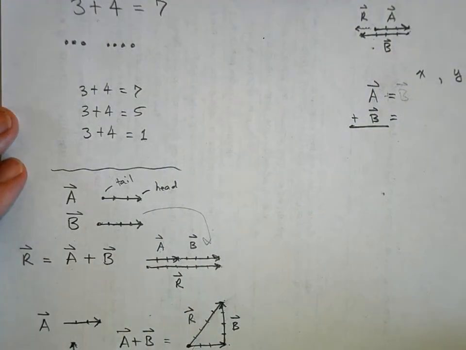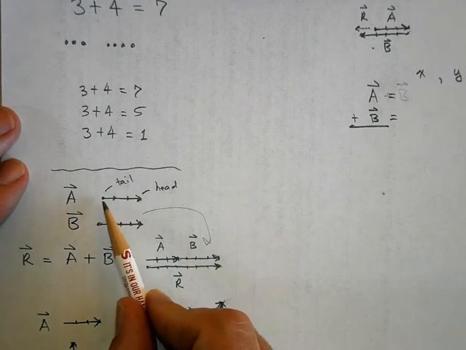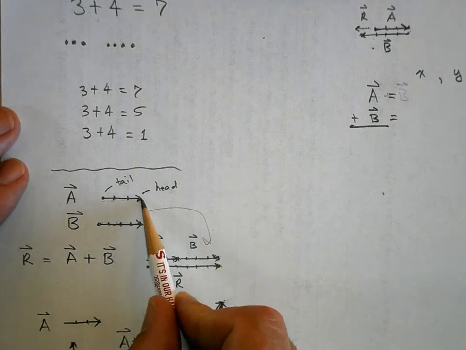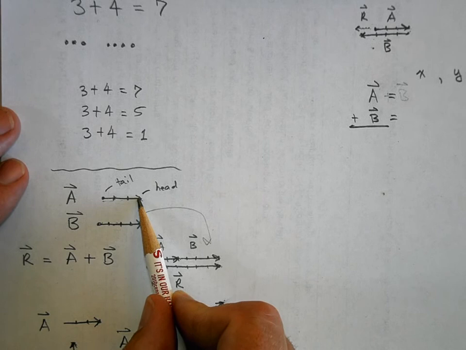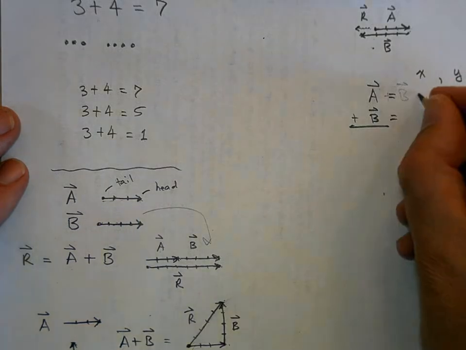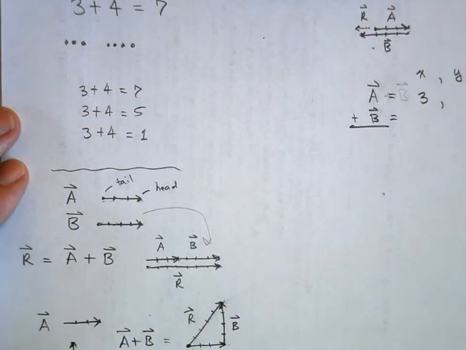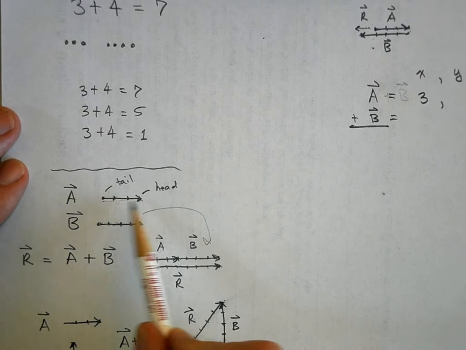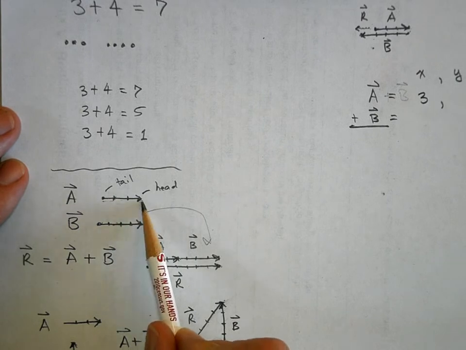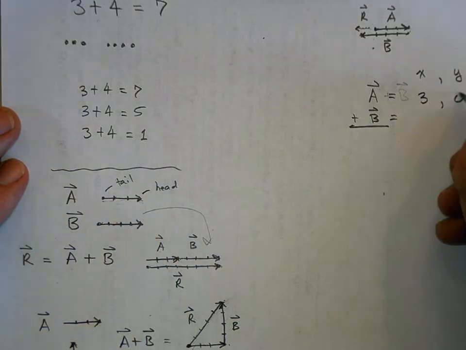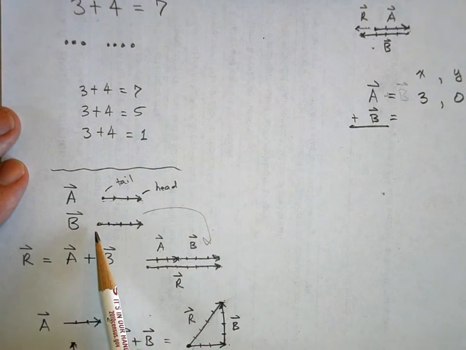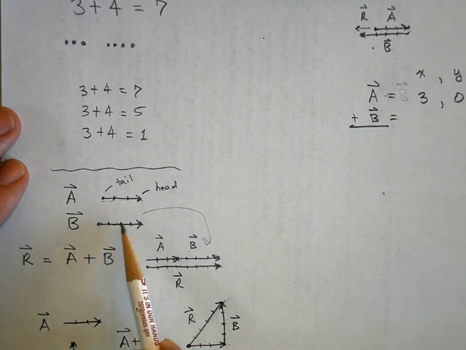So let's take a look at vector A. What is vector A? Well, it's how far in the x direction? 3. And how far is vector A in the y direction? It is 0 in the y direction. Now let's take a look at B for our first example. How far in the x direction? 4.